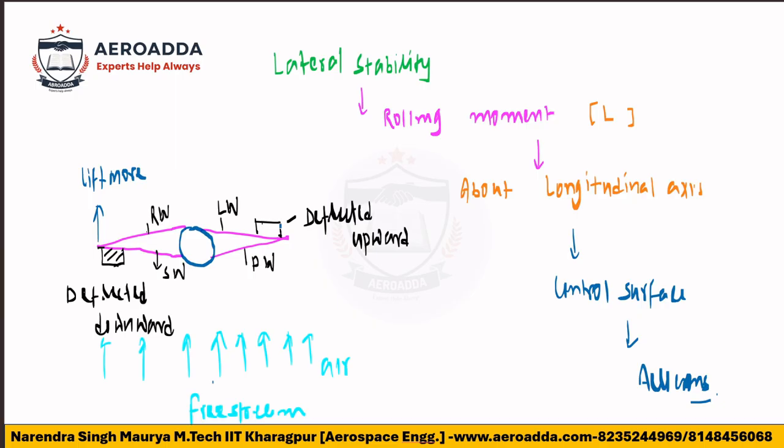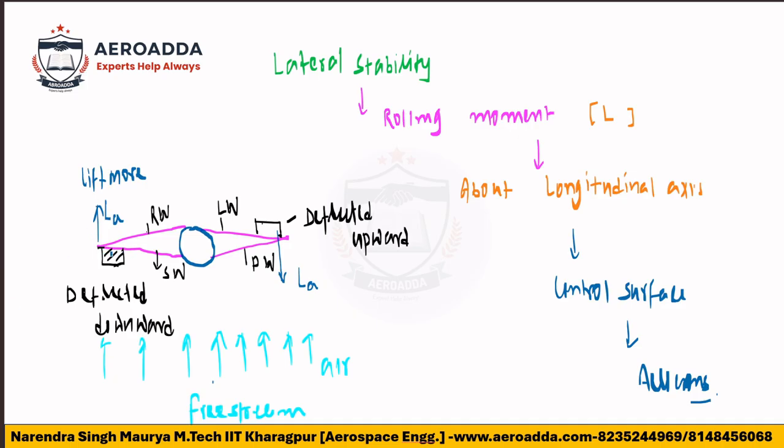So the lift you will get because of the ailerons, LA, on this side will be in the downward direction. Because of the aileron deflection, it will be in the downward direction. And here, because it is deflected downward, the lift generated because of the aileron deflection, LA, will be in the upward direction.